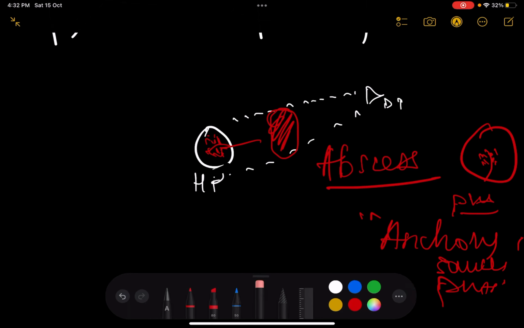Because they cause occlusion of the hepatic vein, there's going to be a lot of pressure here, which is going to cause pressure-induced necrosis of the hepatocytes, and then abscesses will be formed, and those abscesses are going to have a lot of necrotic pus present at the innermost, which is called anchovy sauce.